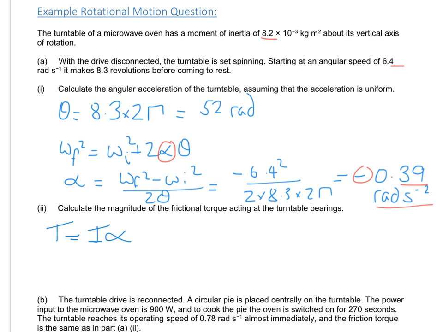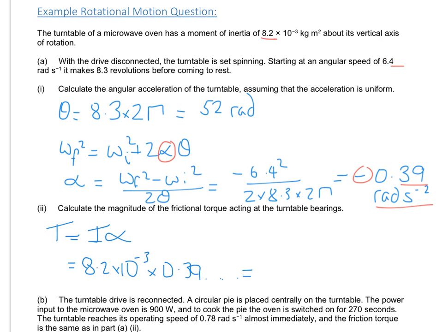You're given in the question what I is, so we've got all the information we need to do a calculation here. And then times by 0.39 using our unrounded version. That is meant to be a 9.